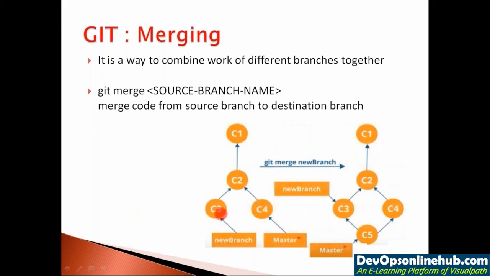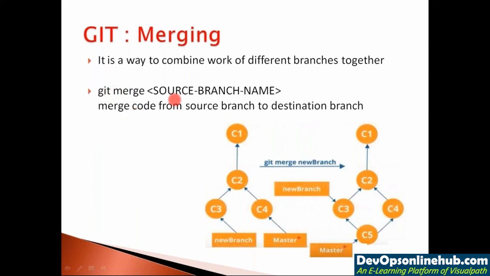So how can we merge or combine the changes from C3 into C4, because the master branch will finally be referred to for the release? After git merge, C3 refers to the new branch, C4 refers to the master branch, and we want to merge the new branch code into the master branch, then we can do the merge.